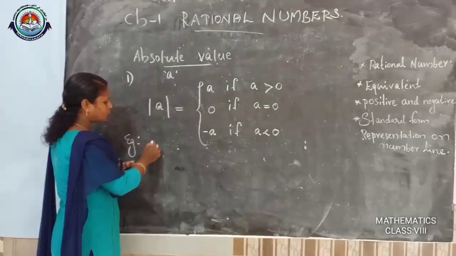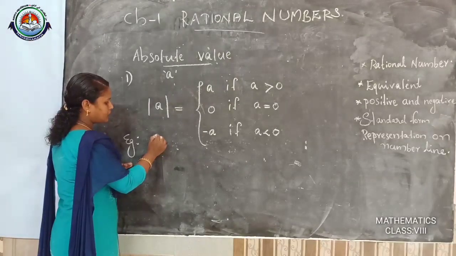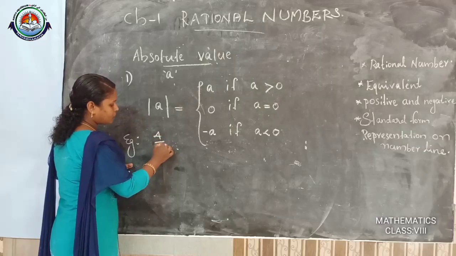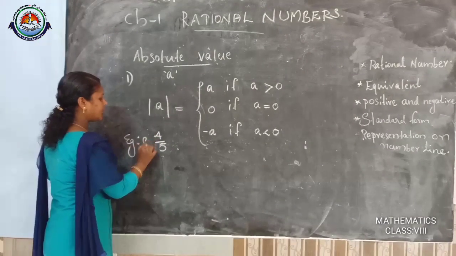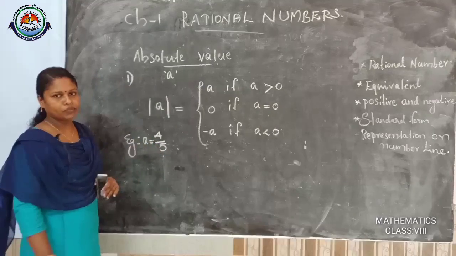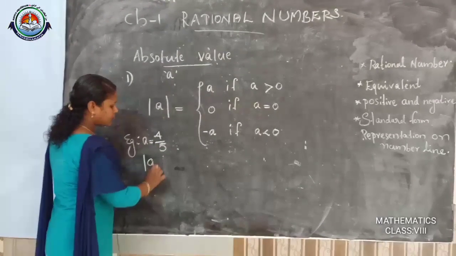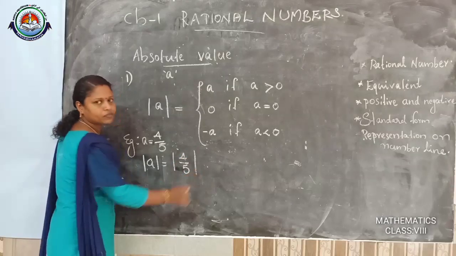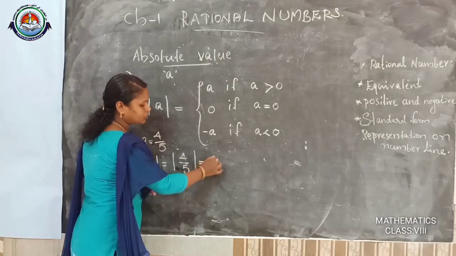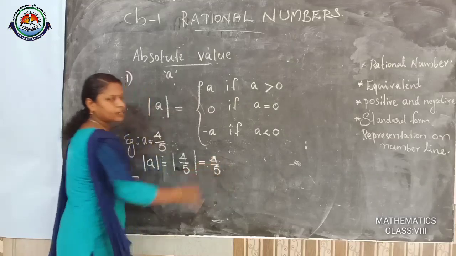We can take any positive rational number. Suppose A equal to 4 by 5. Then absolute value of A equal to absolute value of 4 by 5, which is equal to 4 by 5 itself.